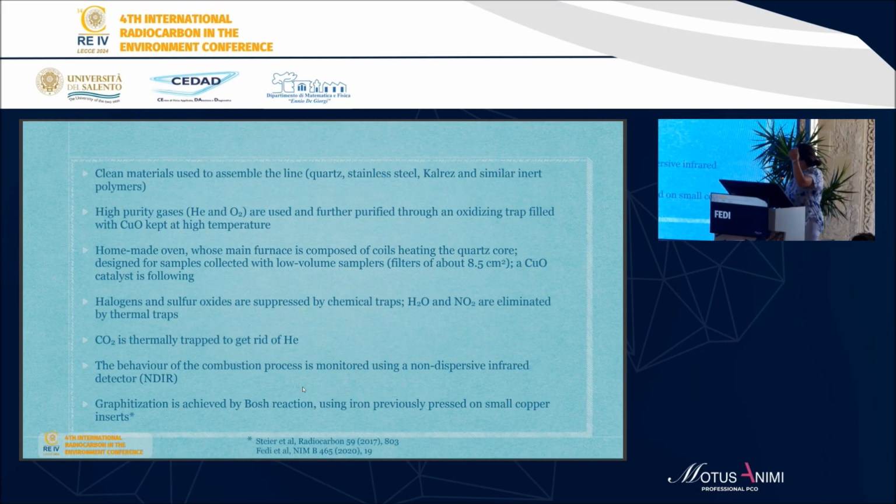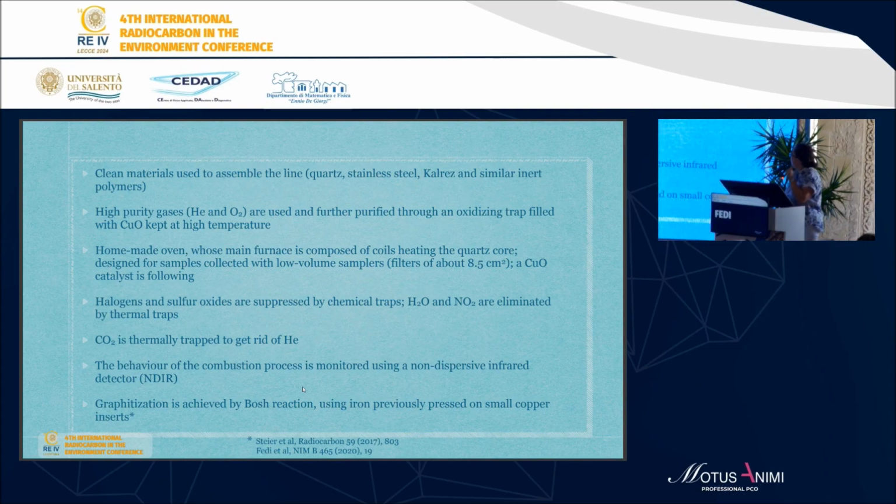So here I summarize most of the characteristics of this beamline. Of course, we are using materials that are intrinsically clean or that can be cleaned very well to be used in radiocarbon setups.